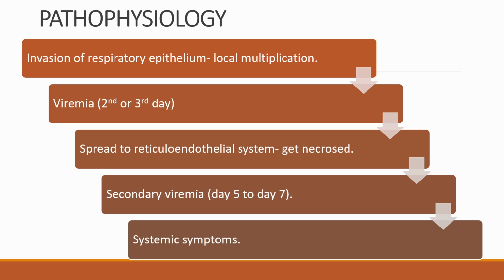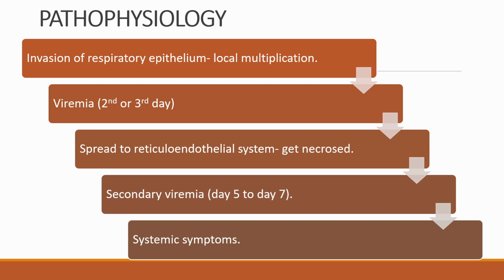Under this slide, we're going to be talking about the pathophysiology. Following transmission, viral replication proceeds in the upper respiratory epithelium. It causes cellular damage and cell fusion with formation of syncytia. First, viremia is seen on the second or third day.